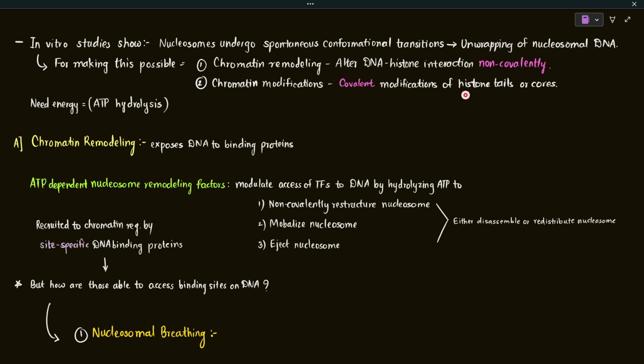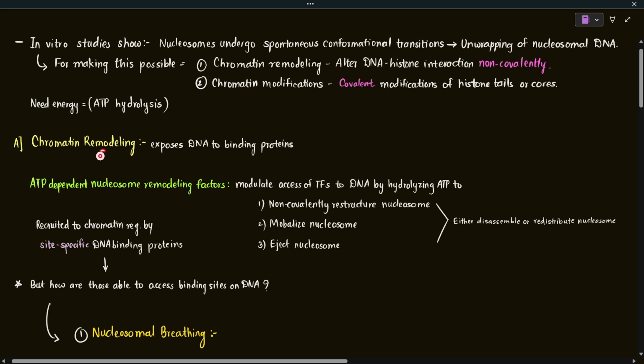Though histone tail modifications are more frequent than histone core modifications, these two possible mechanisms can unwrap the DNA transiently and make it accessible for the transcription factors. Both of these mechanisms require ATP.